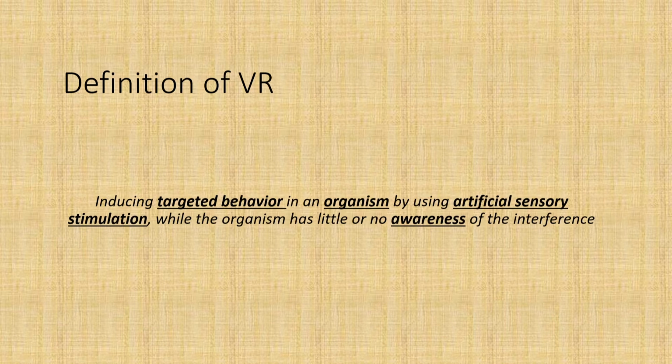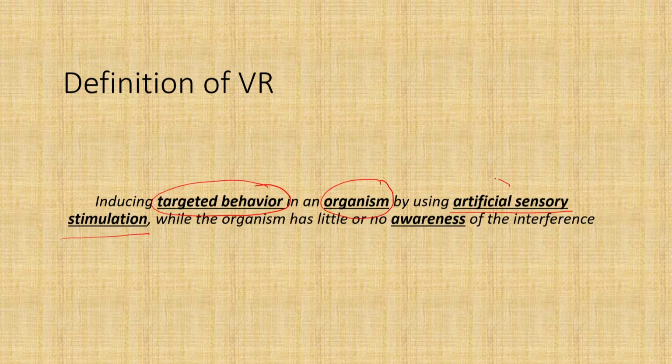Now, look at some of the key phrases in this definition. One is that of targeted behavior. So, we are looking at a specific behavior that we can induce in some organism, and how do we do it? Well, we use some artificial sensory stimulation.